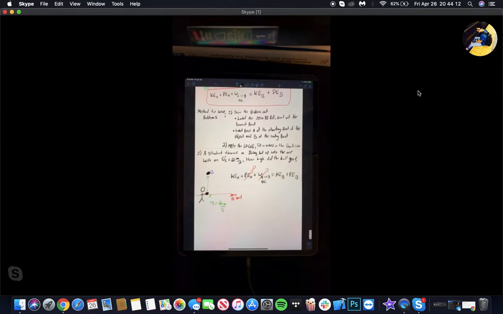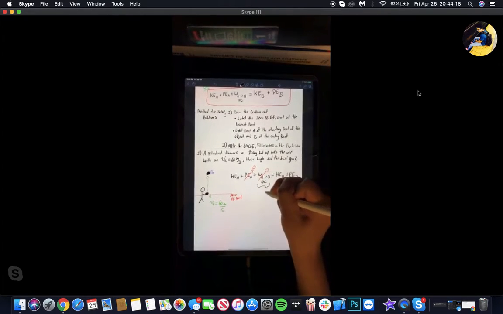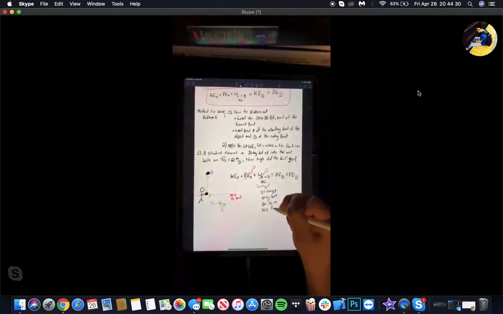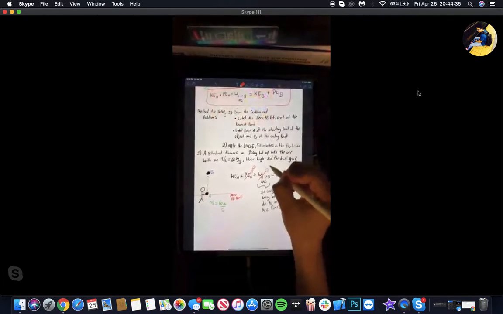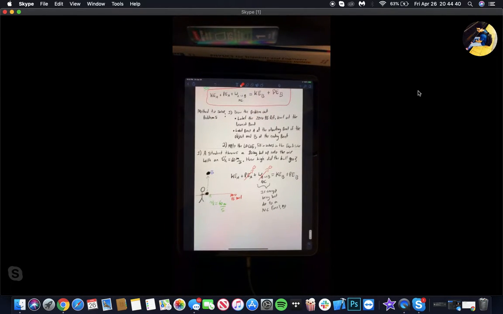No, there's no energy being lost due to a non-conservative force. The answer is no, so you could just zero that out as well. If there was a friction force, then you would have work being done, but right now there's no work being done.